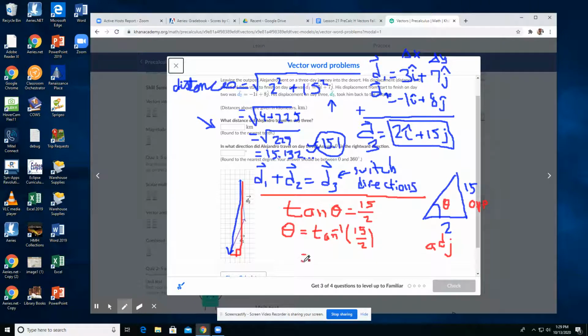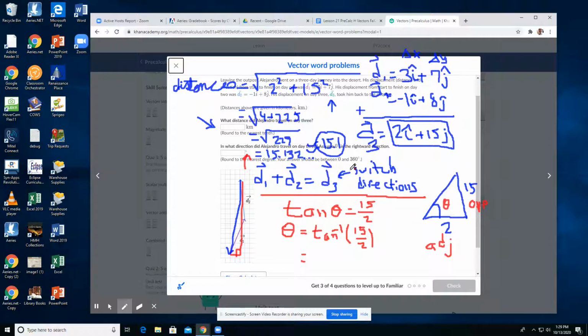Which equals, calculator, and what are we in terms of? I'm going to go ahead and just do it. Oh, degrees. There it is right there. So notice that little degree sign. Okay, degrees. All right, so we're in degree mode.